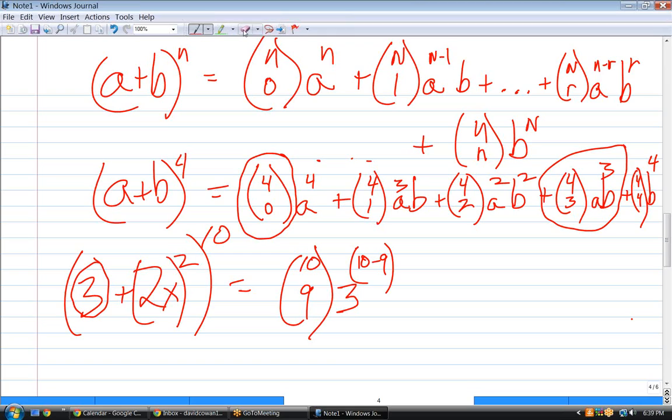It's not in parentheses. Okay, so it's like this. Yeah. So I'm going to stick in 2x squared for b. Okay, well, on my 10th term, 2x squared, now I have to put it in parentheses since I'm substituting it for b, and the exponent is r.